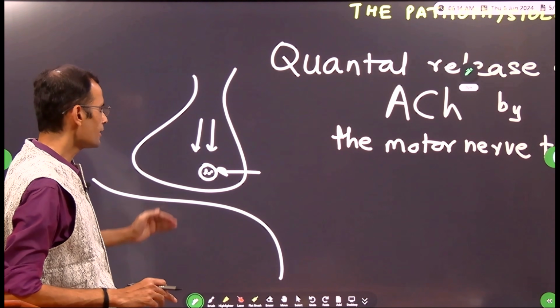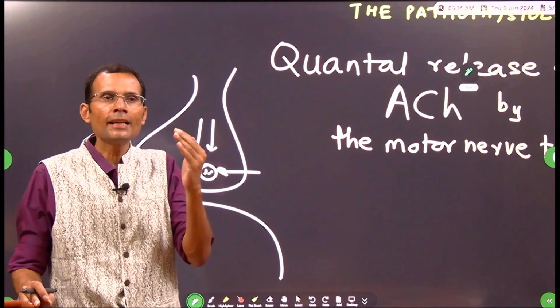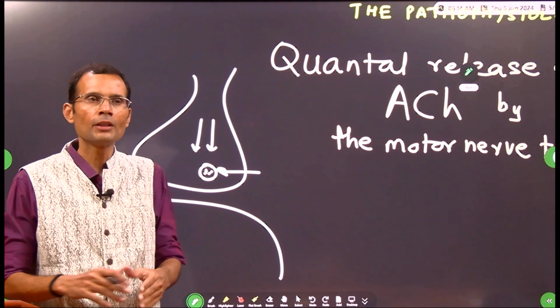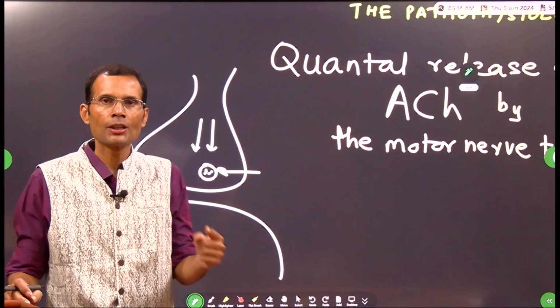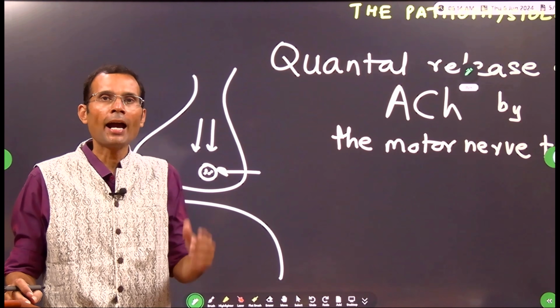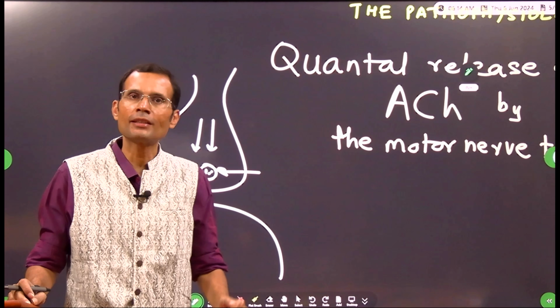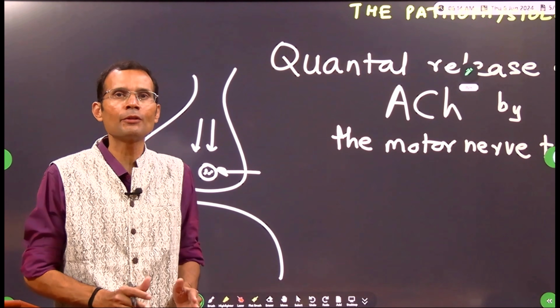Now what happens is, with the repeated stimulation of those muscles, particular muscle groups, repetitive motor activity, the quantal release of acetylcholine goes on decreasing. This is in the normal individuals.